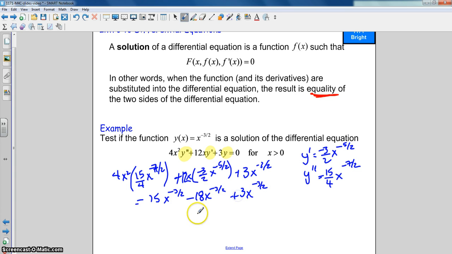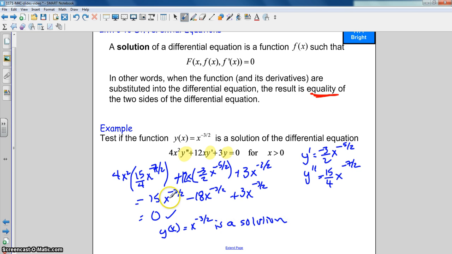Okay, so now I have all the same power functions appearing. So I just have to add the coefficients, and I end up with a positive 18, and then a minus 18, so I end up with 0. So this does work, and y of x equals x to the minus 3 halves is a solution.